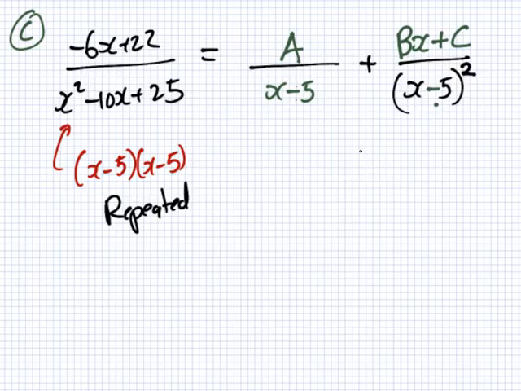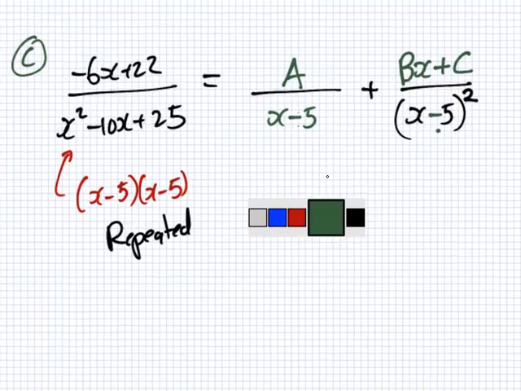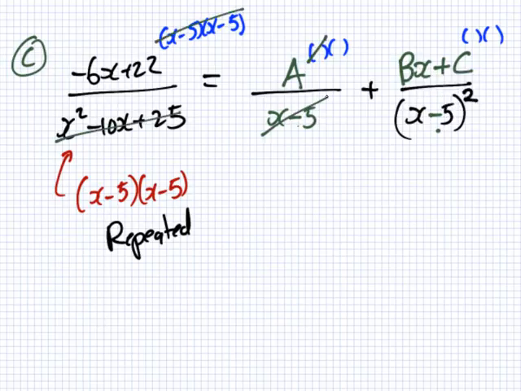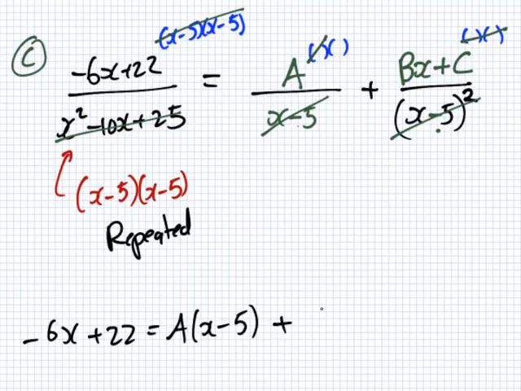So how about we just use the easier method where we multiply everything by x minus 5, x minus 5. So what happens here? That cancels that. One of these cancels one of these, and both of them cancel that. So you end up now with minus 6x plus 22 equals a(x minus 5) plus bx plus c.